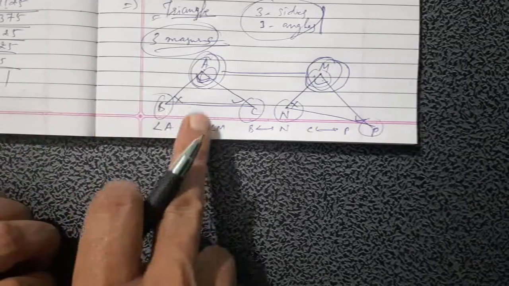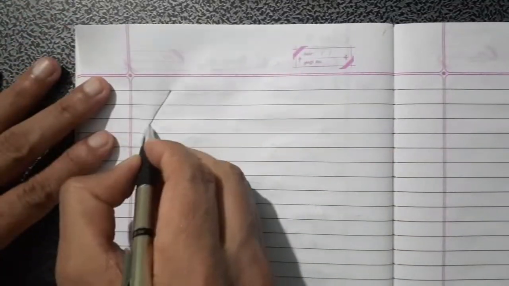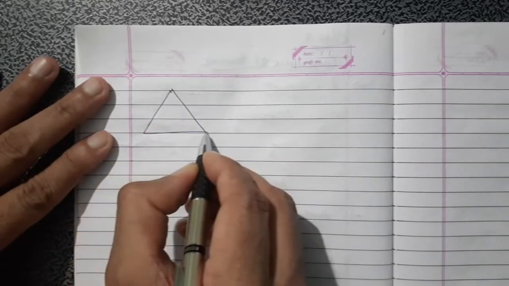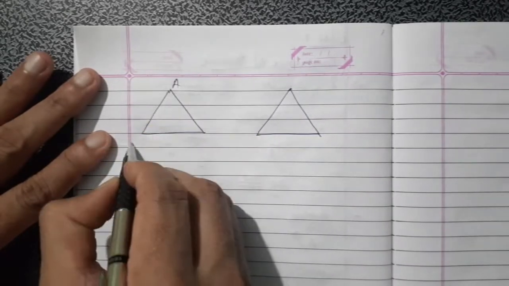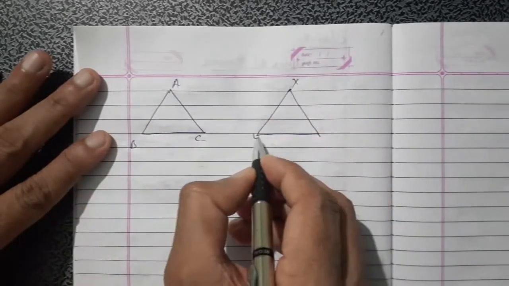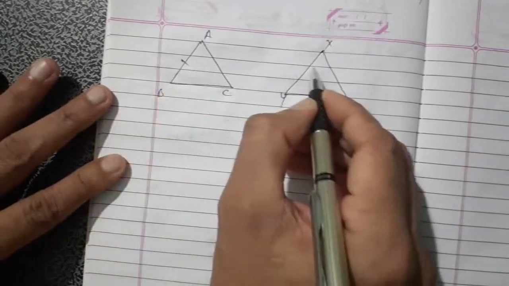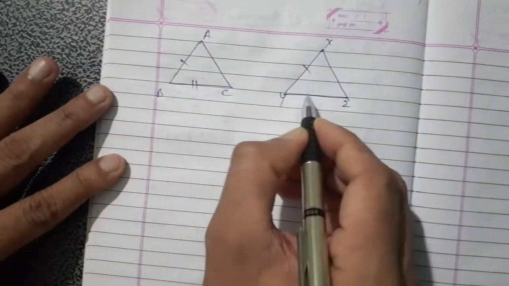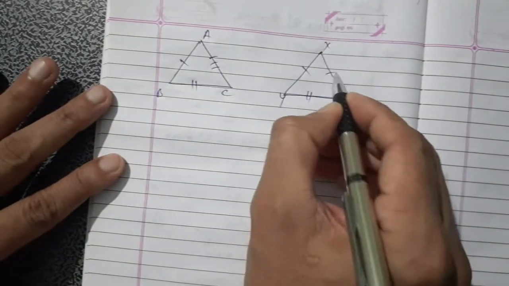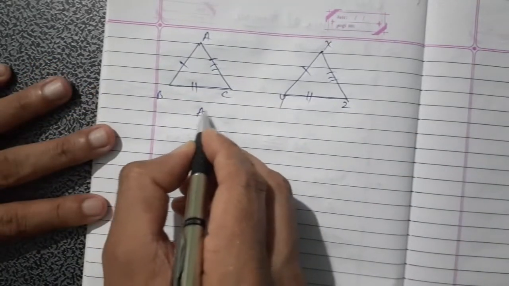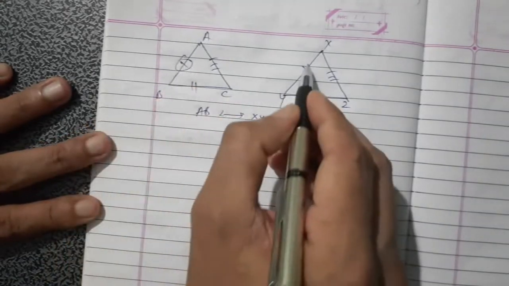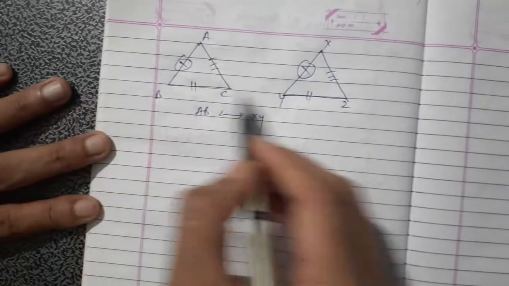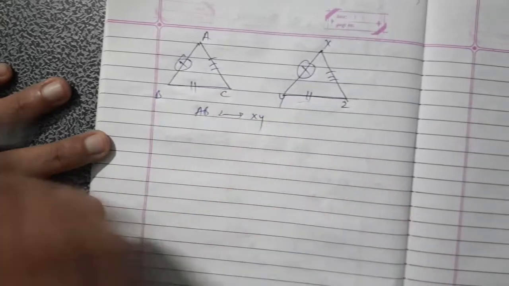Same for sides. Suppose two triangles ABC and XYZ. These two sides are equal, these two are equal, and these sides are equal. So AB corresponds to XY, which means AB and XY are equal, not AB and YZ, not AB and XZ.